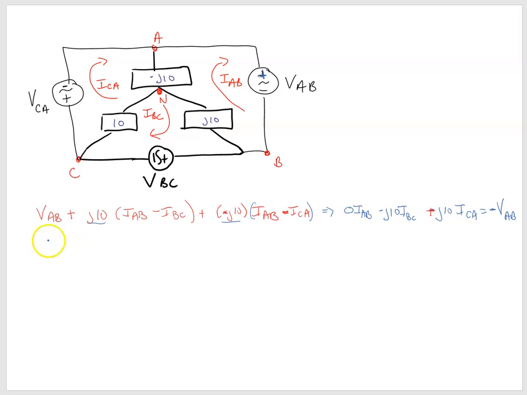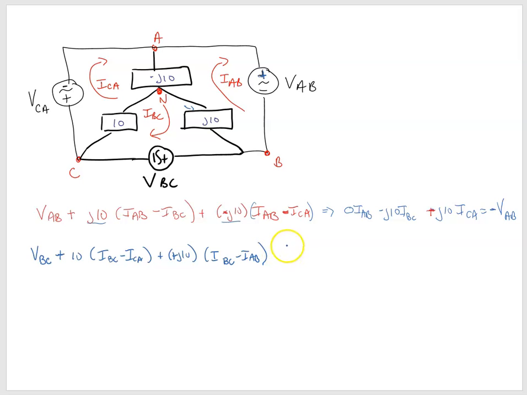If we go to our BC mesh, we're going to get, try to write a little bit smaller, VBC. And then for VBC, we're going to get plus 10 times IBC minus ICA plus negative J10 times, whoops, no, that's a positive J10, we're going this way, positive J10 times IBC minus IAB.